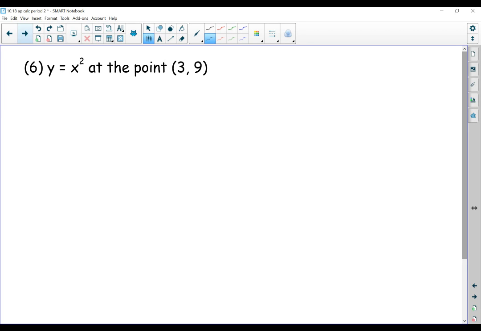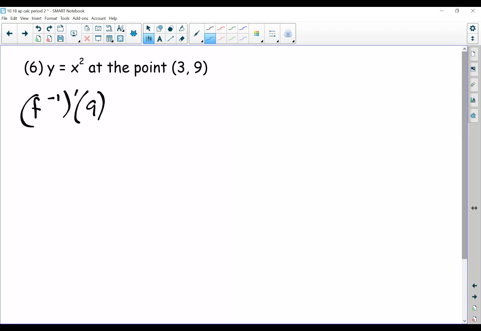Now, sometimes you can just find the inverse function and all is well with the world. Sometimes you can't find the inverse function. And when you can't find the inverse function, that's why understanding the relationship between inverses and the regular function slopes is super helpful. So what I would do here is, first of all, if I have the point (3, 9), let's say we want to find f inverse prime at 9.